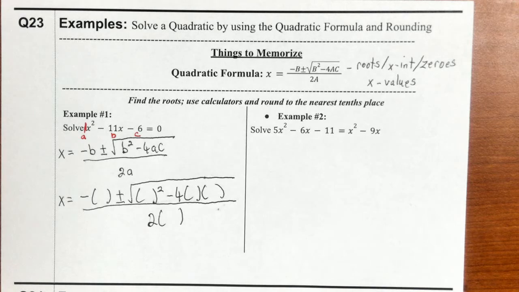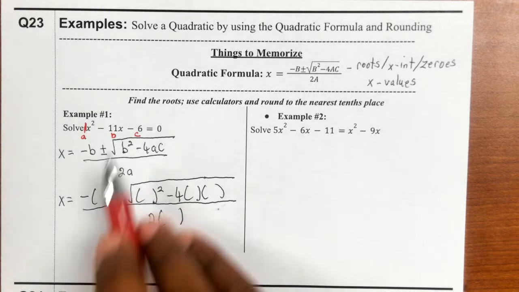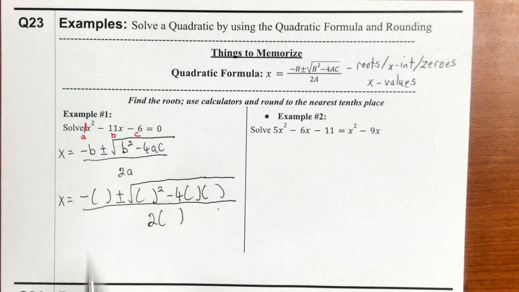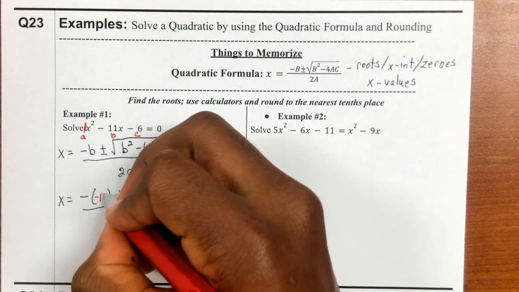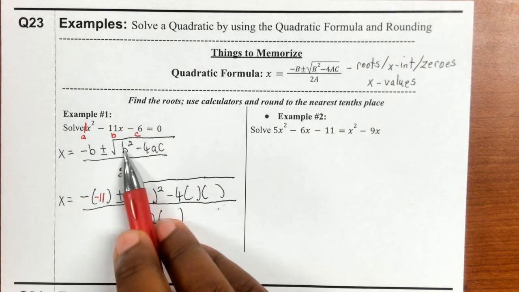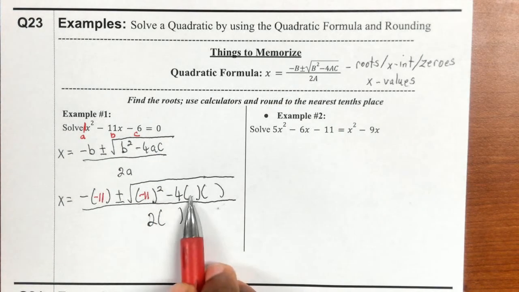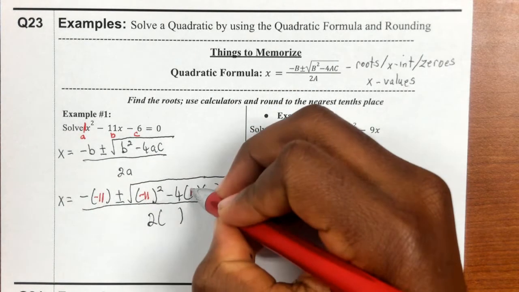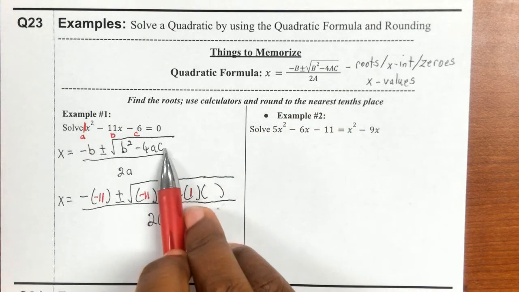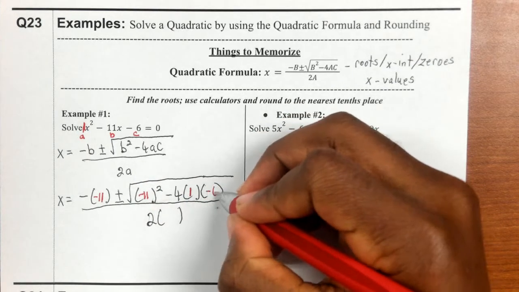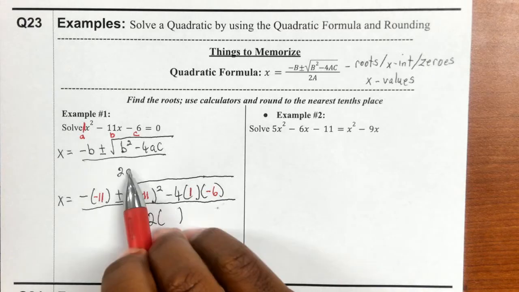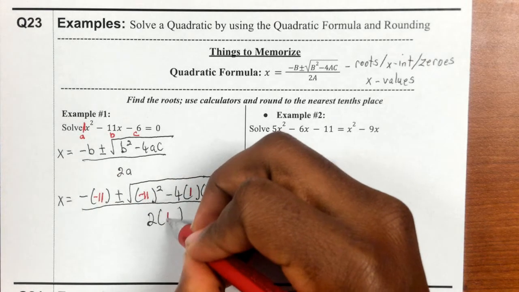So I plug in b first, negative 11, then b again, negative 11. Then a is positive 1, c is negative 6, and finally a again, positive 1.